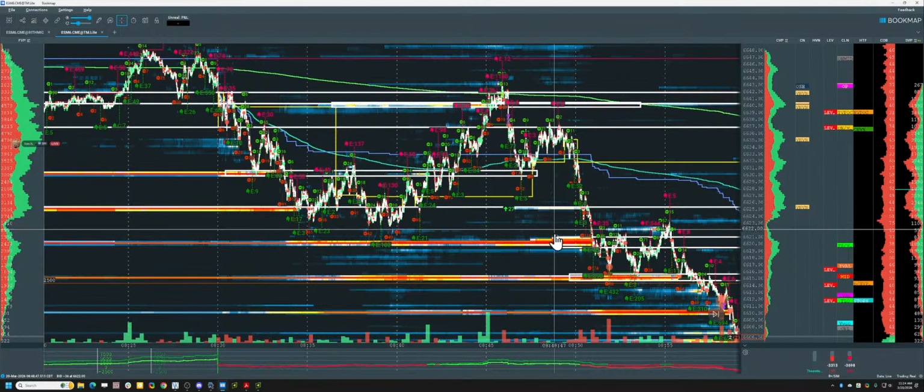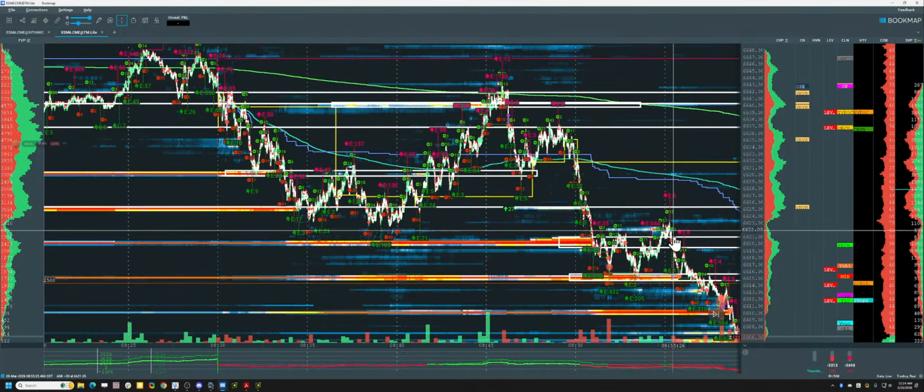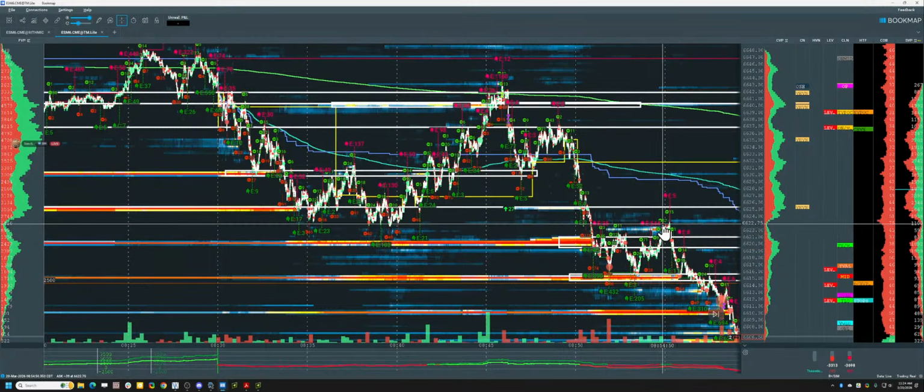The guys who sold this, the sellers, are going, oh, really? Have some more. And they're using the liquidity, the stops here, to take the other side. They're passive. They need market orders to sell. So, risk-averse retail traders have stops here. They become market orders. These guys who sold here are just selling some more.